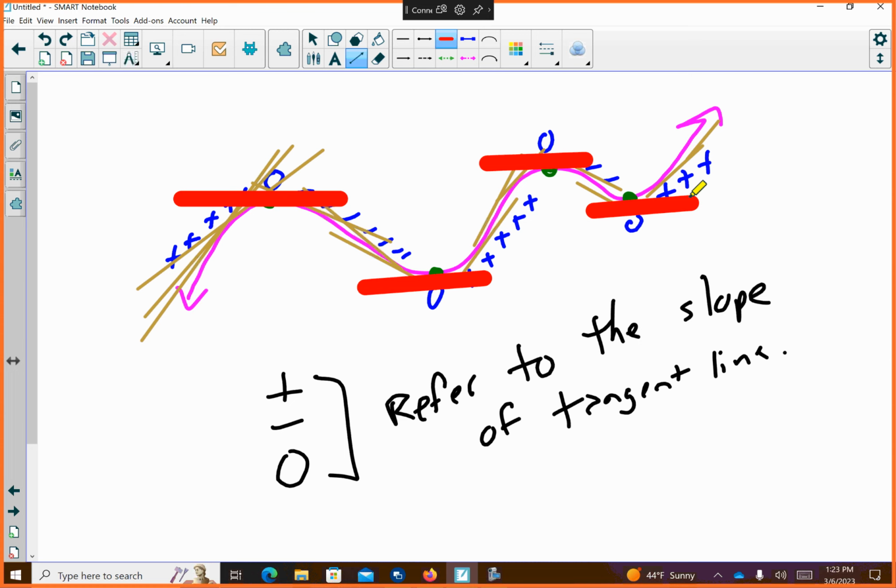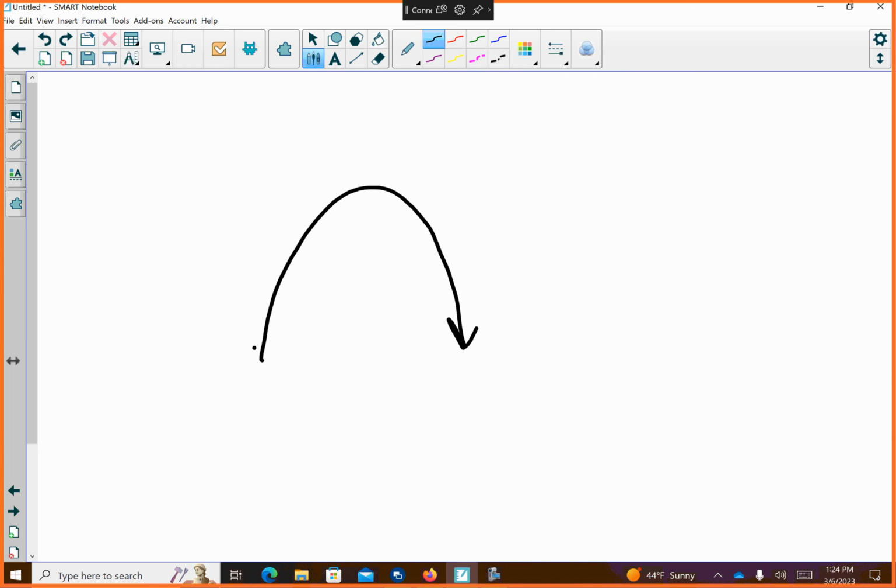Oh, and then one last thing I want to show real quick. So let's say I had this kind of graph. Let's just do a parabola. And let's say this is y equals negative x squared. And I wanted to find the instantaneous slope at that point.